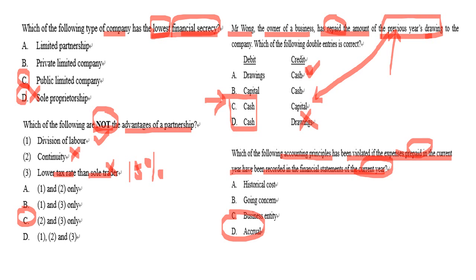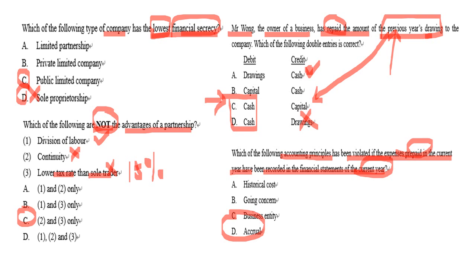So the answer is either C or D because the owner, Mr. Wang, has repaid. That means cash was introduced into the business by Mr. Wang. For what? For the last year's drawings. Now look at this. Drawing is not a real account. It will not carry forward to the next year.